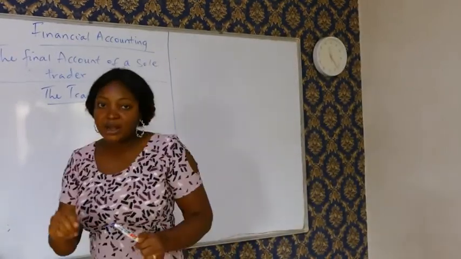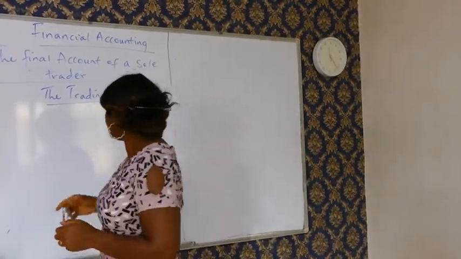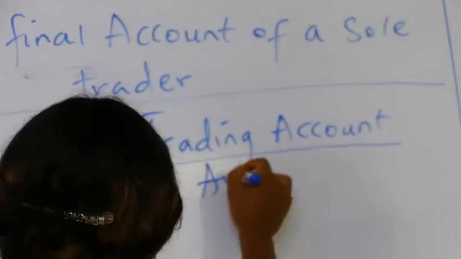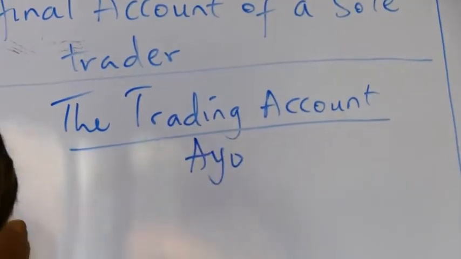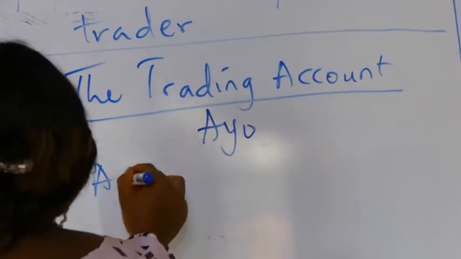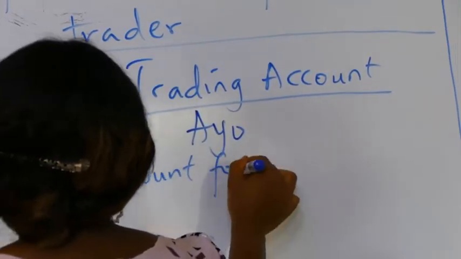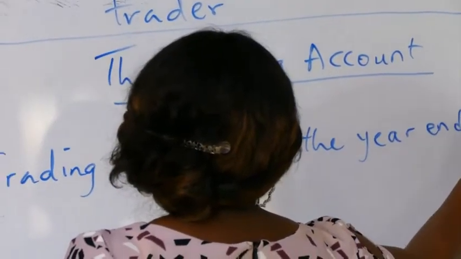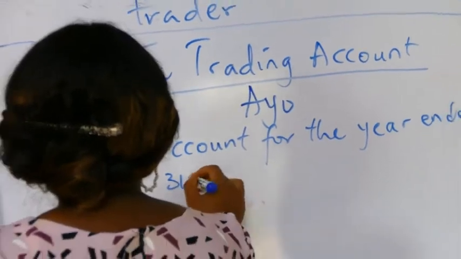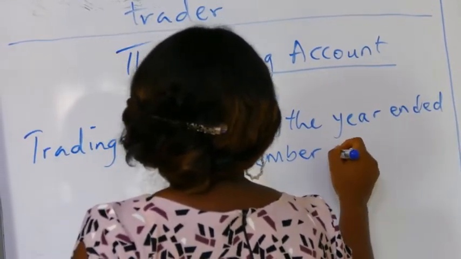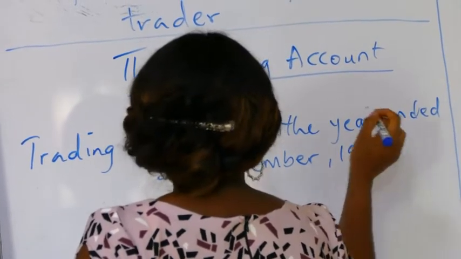In preparing the trading account, the format is thus. You write the name of the sole trader. Let us assume, let's say Ayo, Trading account for the year ended 31st December 1990.